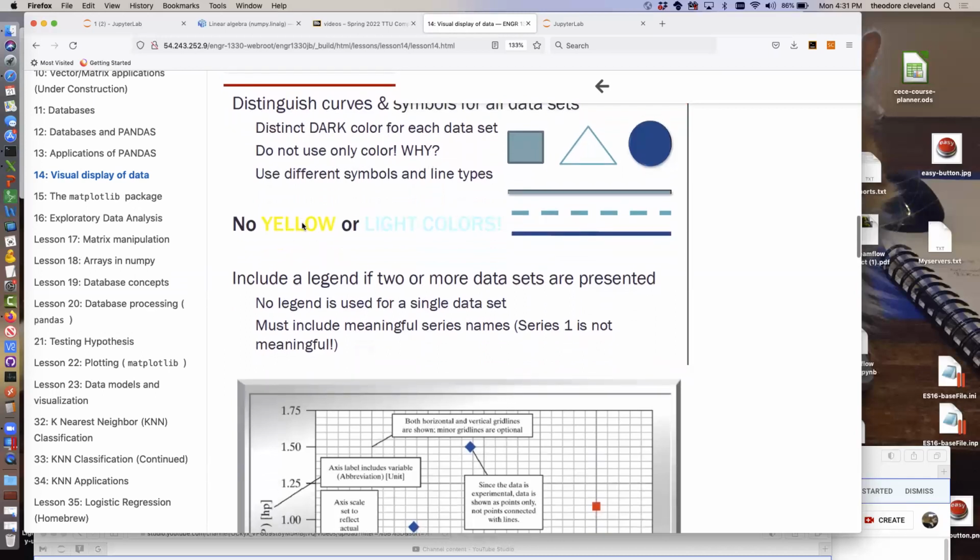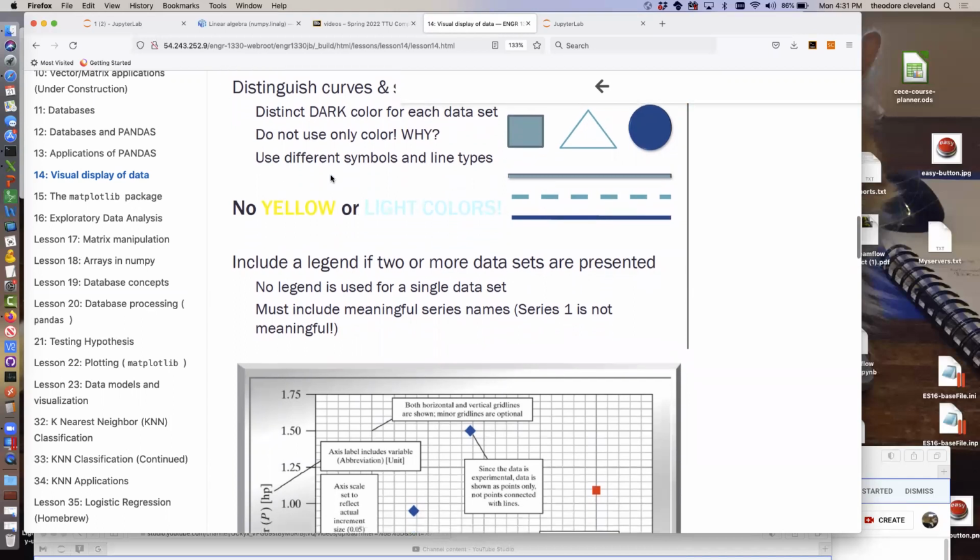Avoid light colors or yellow, especially if you have a white background. If you're the TA who is enamored with dark backgrounds, yellow and light blue will show up real pretty. But for the rest of the world, which works with white paper backgrounds and then you put content onto it, avoid colors that can't be seen. And this actually probably applies in making a presentation.